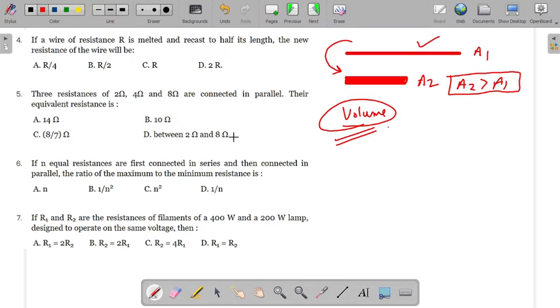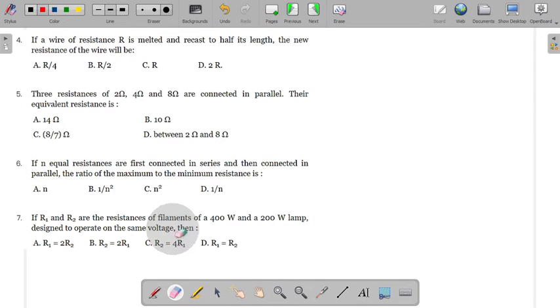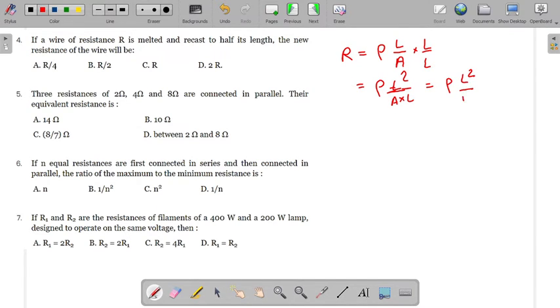Okay, so now you can see that we know the formula of resistance is R equals rho L over A, and if we multiply by L on both numerator and denominator, then we get R equals rho times L square by A into L, which is area into length, and that becomes volume.